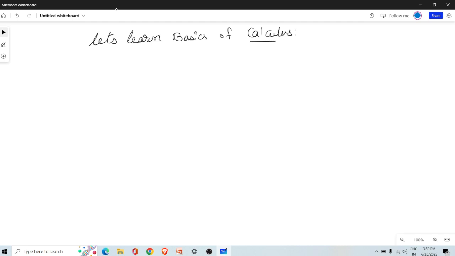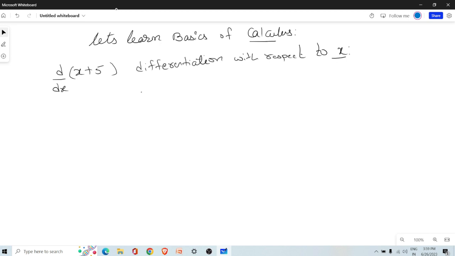So if you have any equation x plus 5, we can do differentiation with respect to x.